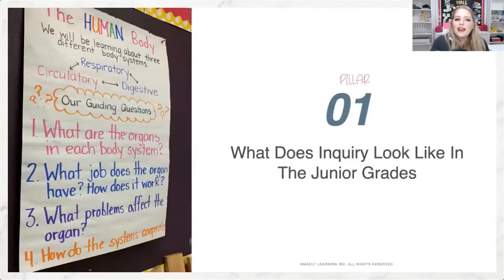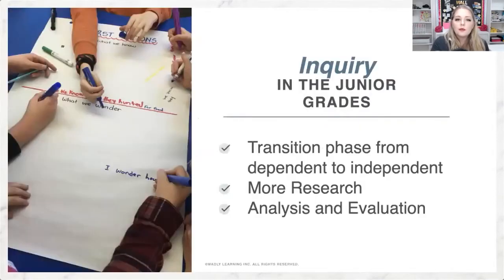So first, what exactly does inquiry look like in the junior grades? Well, first, we have to acknowledge that the junior grades is definitely a transition phase for students. We are moving from primary, where there is a lot of learning how to read, how to do things. They're still learning a lot of basic fundamental skills.